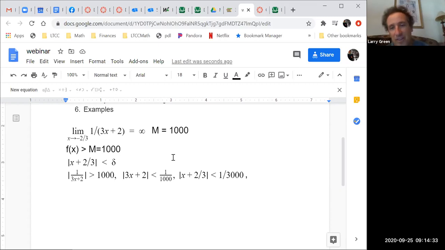I know 1,000 isn't that close to infinity, but you get the idea, right? You could try 1,000,000, 1,000,000,000. The point is that no matter what number you can imagine, you can always get bigger. And you're always going to stay bigger as long as you get closer than that to negative 2/3. Sorry. Any other questions on that?